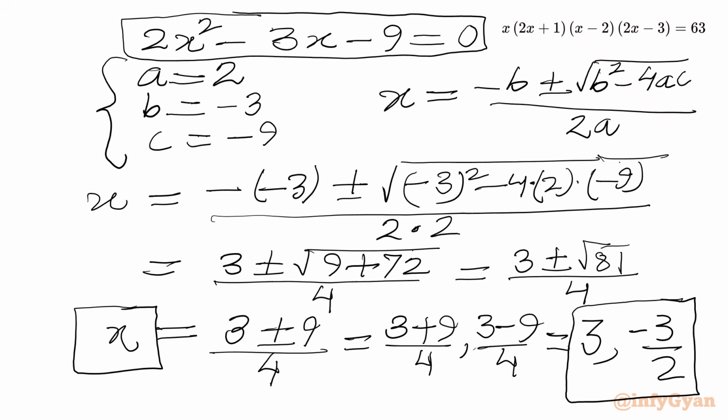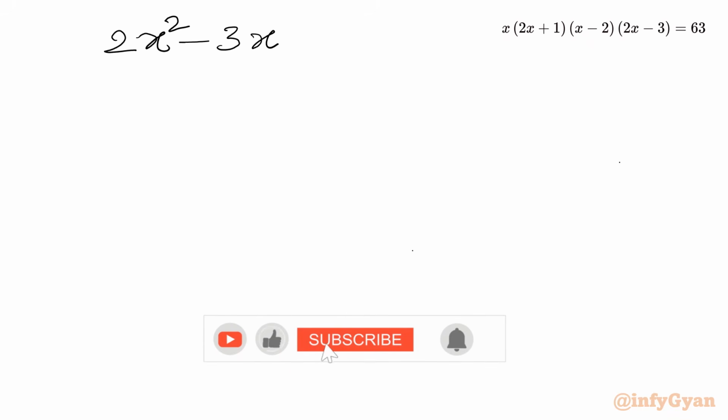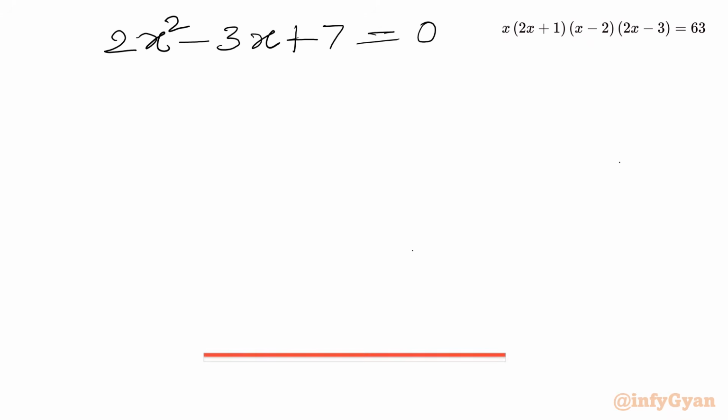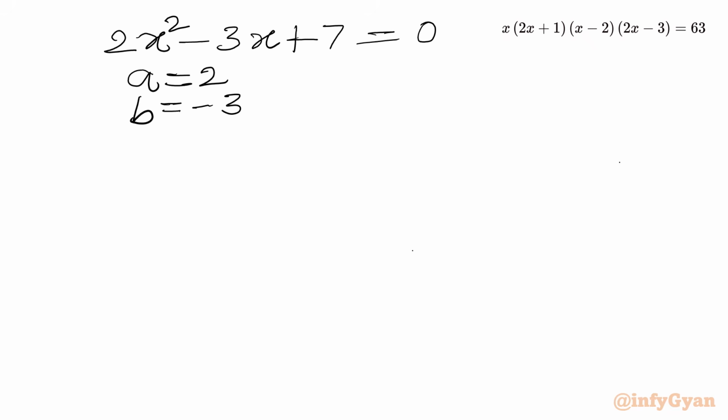Now we have to solve the second quadratic equation, which we will solve over here. 2x square minus 3x plus 7 equal to 0. Here a is 2, b is minus 3, c is 7. As per the formula, we will plug in all the values of a, b and c.